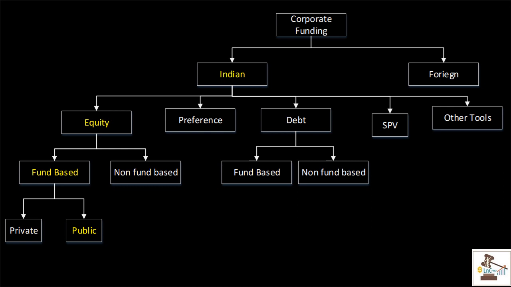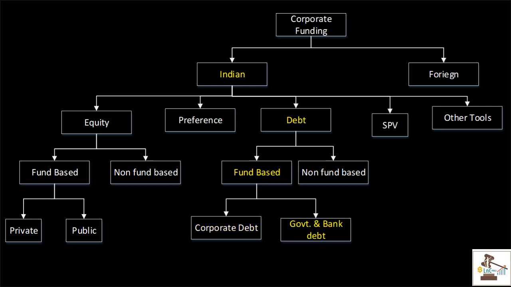Similarly, fund-based debt sources can also be classified based on counterparty. It can be either corporate debt, where funds are obtained from public or private parties, or government or bank debt, where funds are obtained from government and banks. In non-fund based sources, we need not further classify as these sources are unique.